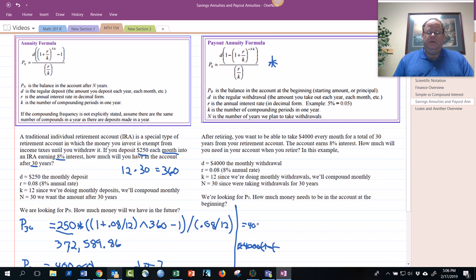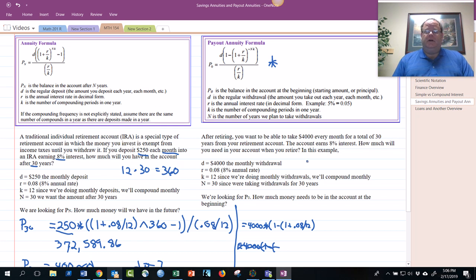Equals 4,000, multiplication, open parenthesis, 1 minus, right, the multiplication is the asterisk. 1 minus, open parenthesis, 1 plus, R is 0.08, divided by 12, close parenthesis. Now notice the exponent this time is negative NK.